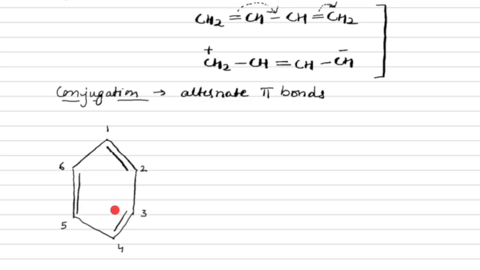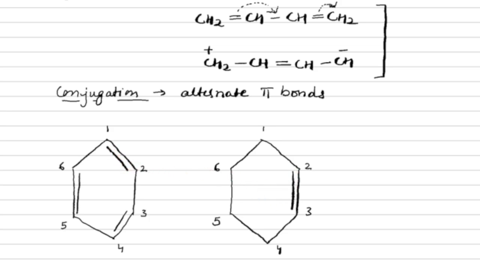Alternate pi bonds. And now I draw the same benzene structure, but I will make a difference. All 6 carbons, I will name them like that, but I will not use the pi bond here.